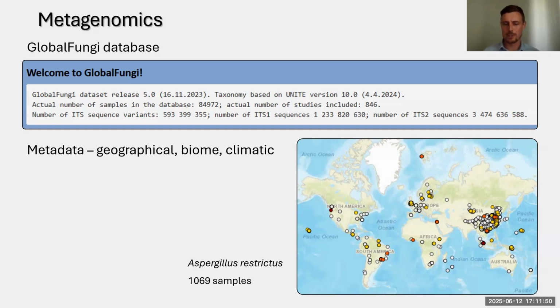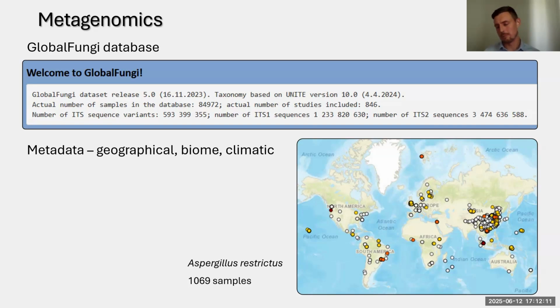I use this example of Aspergillus restrictus. Otherwise, it's problematic to sample this species, but here there are already more than 1,000 samples from almost all over the world.